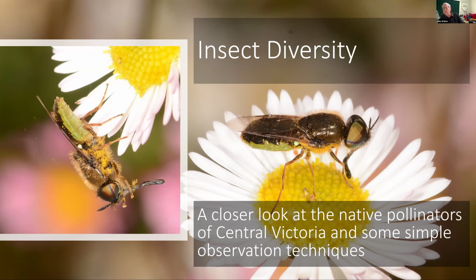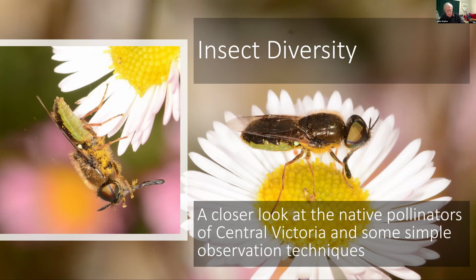I will look at the diversity of species that have been recorded on just one single plant, again just to highlight what can be found when you spend the time stopping and having a look. I have a video which will compare a European honeybee feeding on native flora alongside a little native Lasioglossum bee, and you will see and understand, I think, why our native bees are so much more important in the landscape.